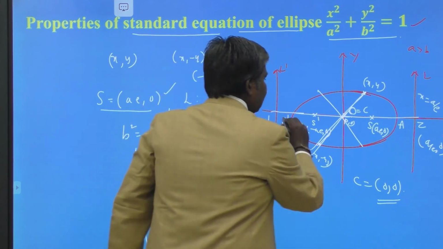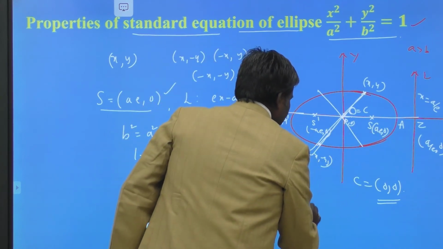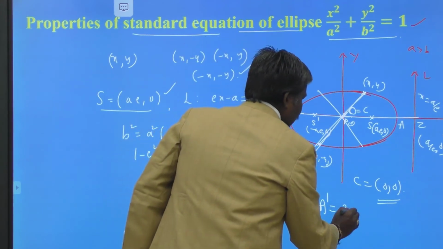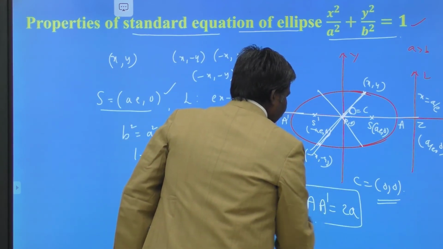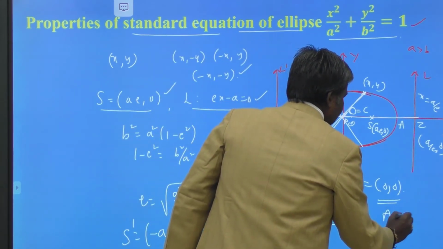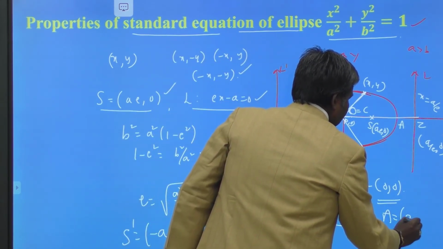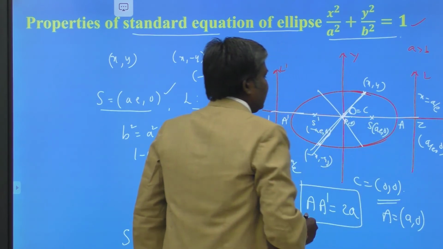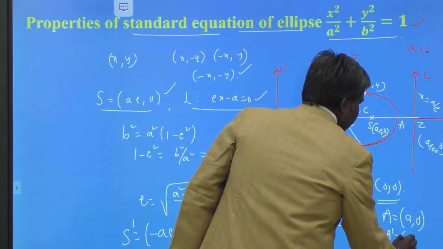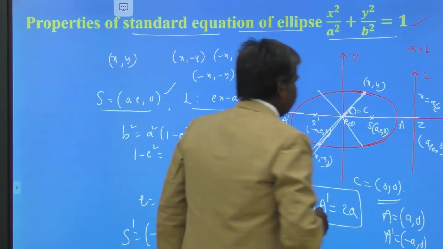Therefore, the major axis is the x-axis. Its length AA dash is equal to 2a. So, the length of the major axis is 2a and its vertices are (a, 0), because it is at a distance a from the origin, and again A dash is (-a, 0).